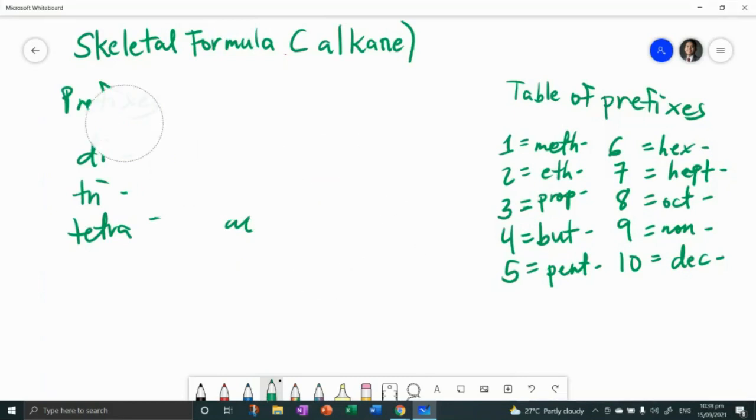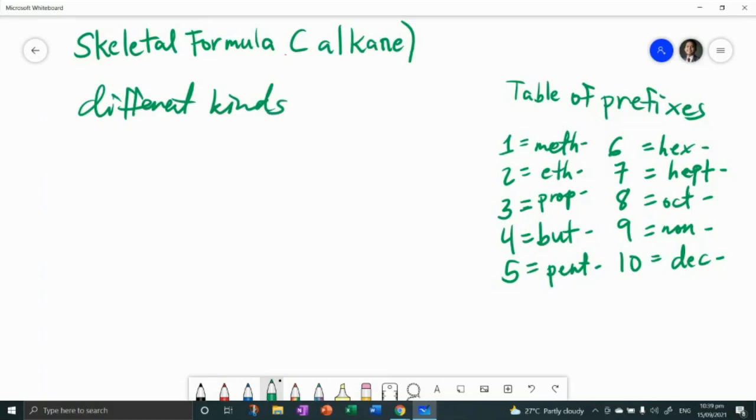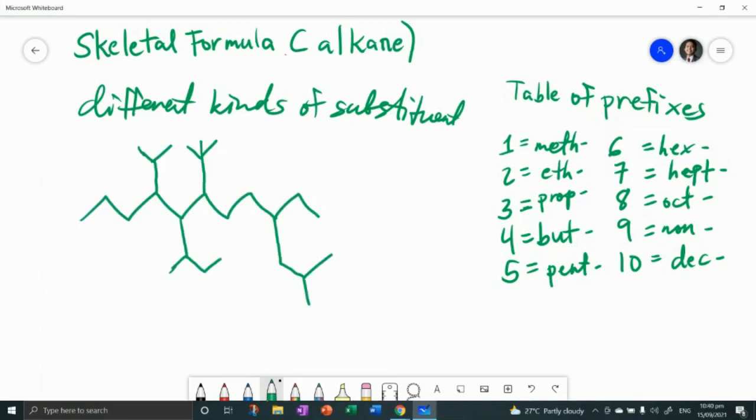So, yan po. The next po is we must need to know the different kinds of substituent para mas familiar tayo. Marami tayong mga makakaligta mga iba't ibang klaseng substituent just like this. Like for this kind of example, ayan, una, pangalawa, pangatlo, tsaka pang-apat.